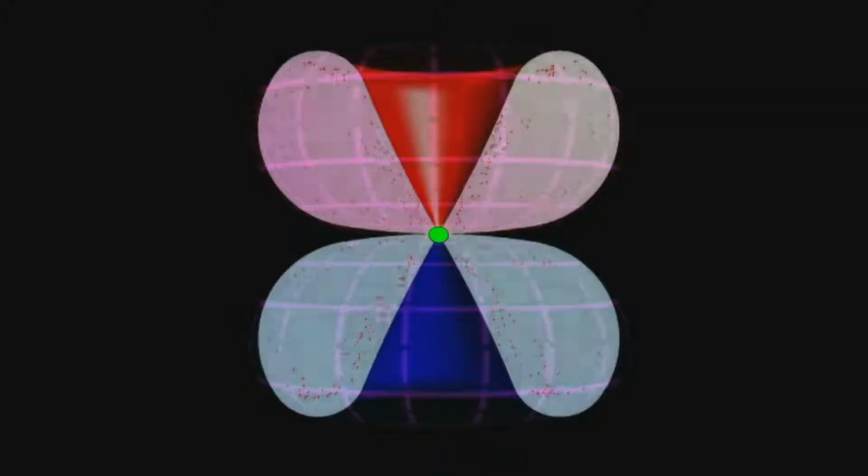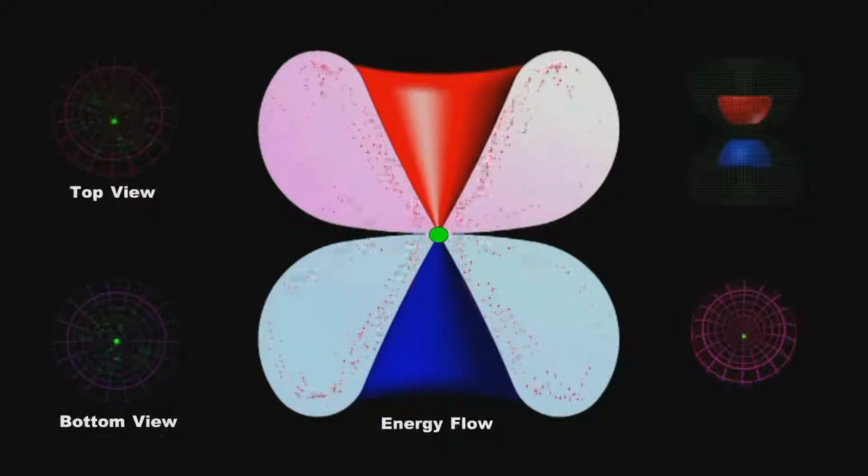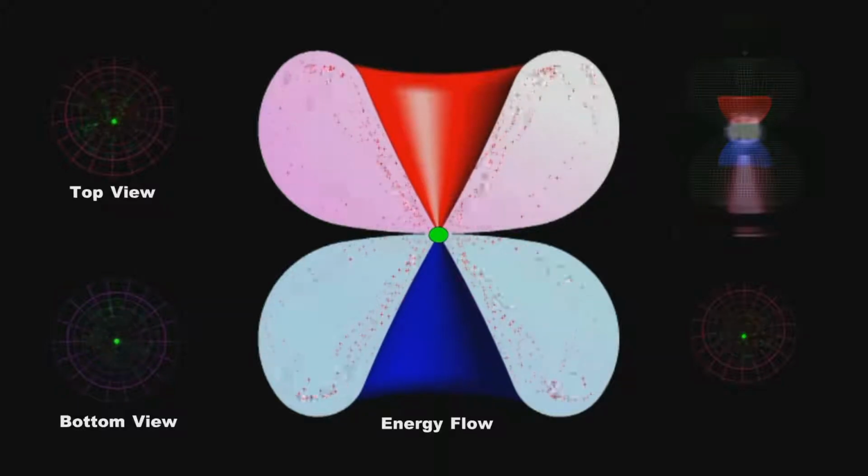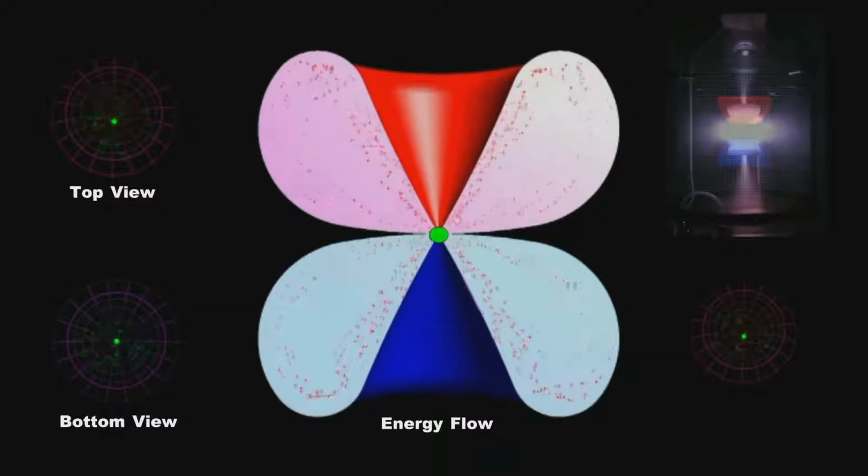Let's do a quick review of the internal flowing energy structure of a single photon before we move forward. The flowing structure is the same for all electromagnetic radiation.